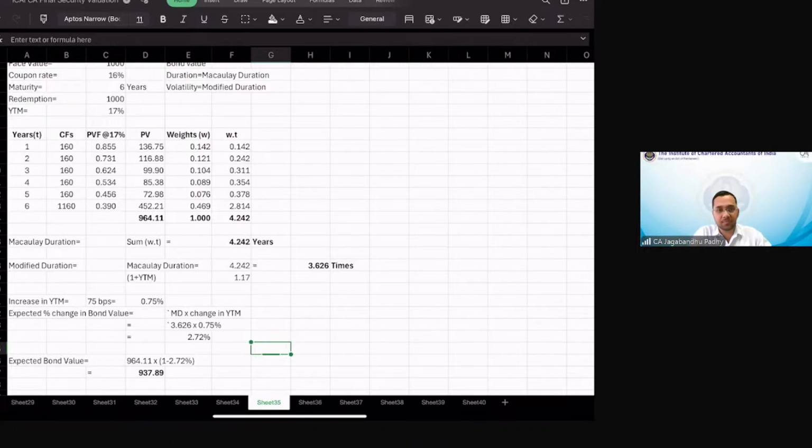Okay, students, in the beginning of class, a student sent a chat: sir, what is the logic of this formula? Students, please note that the derivation of any formula is not covered in your syllabus. Normally there are two types of formulas.